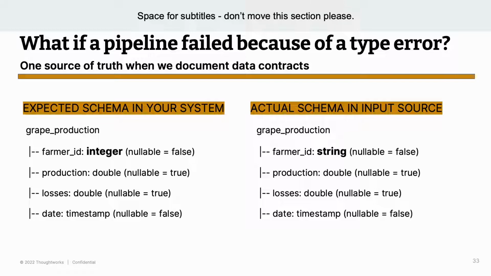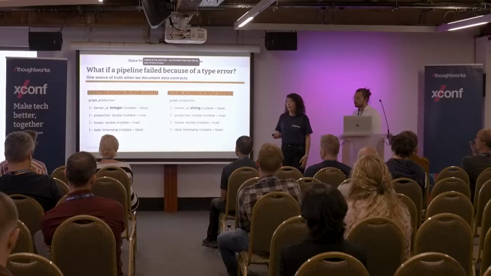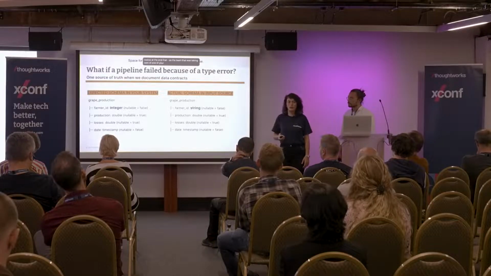So this pipeline, let's imagine that it was already in production and the contract was already agreed, but you realize at the end that the team that was taking care of one of your input sources changed the contract of the input. And it was not communicated.